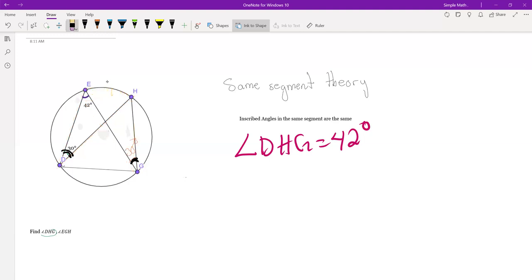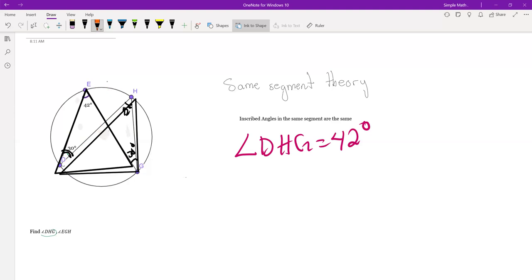So we can clean this up. This is 30, this is 42. I can draw a line here to make sure; you can see they share the same base, and this one too. So they're more or less the same angles. Same with the other ones.